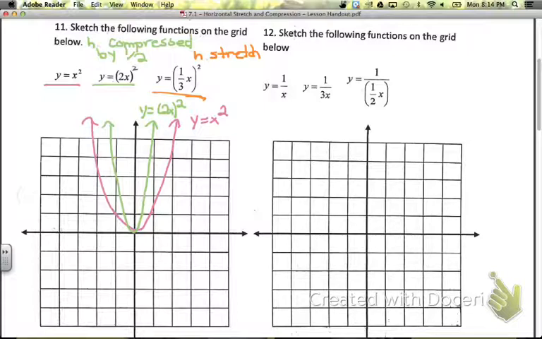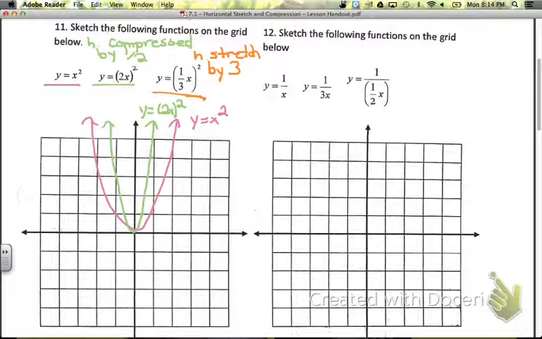So it's a horizontal stretch by 3. So now each of our coordinates from our base function are going to be stretched by 3. But again, remember when we're working with horizontal stretches and compressions, it's the x value that is affected.